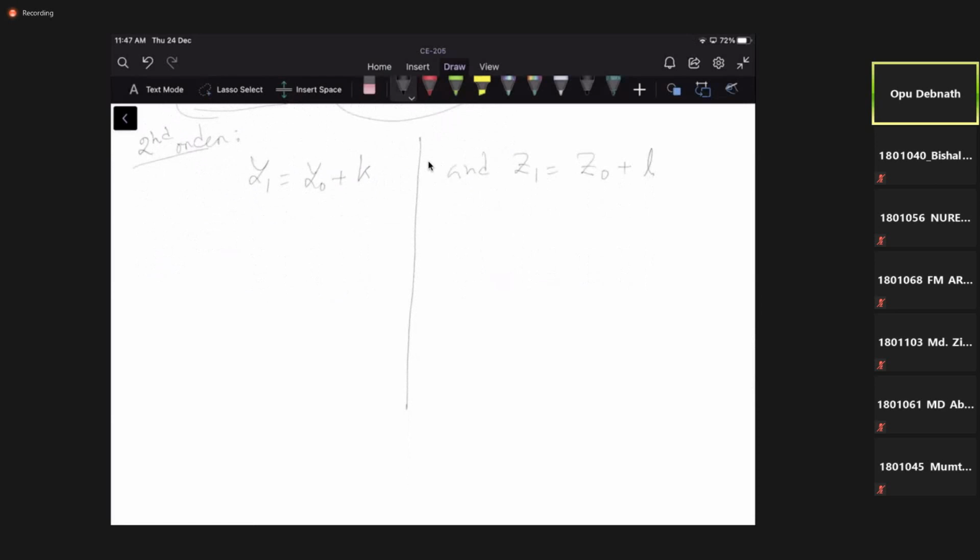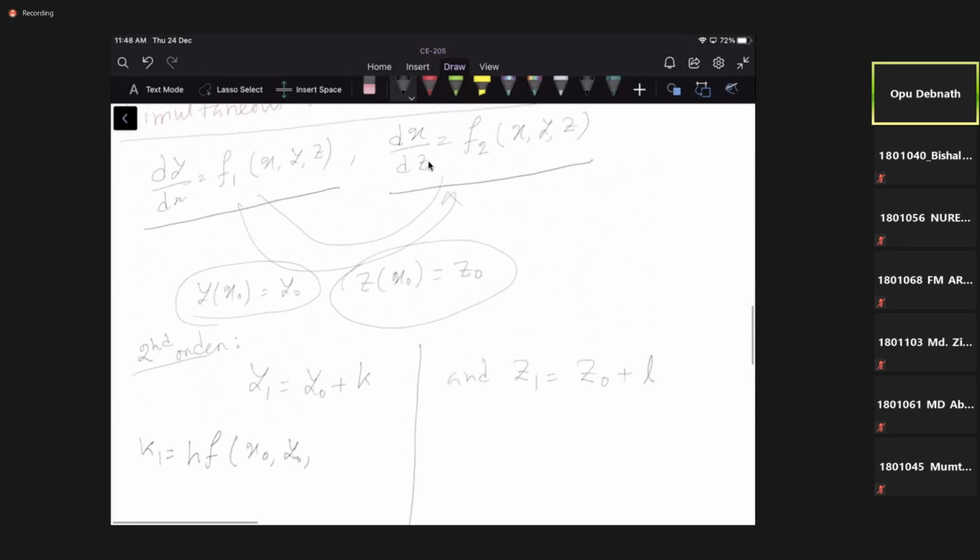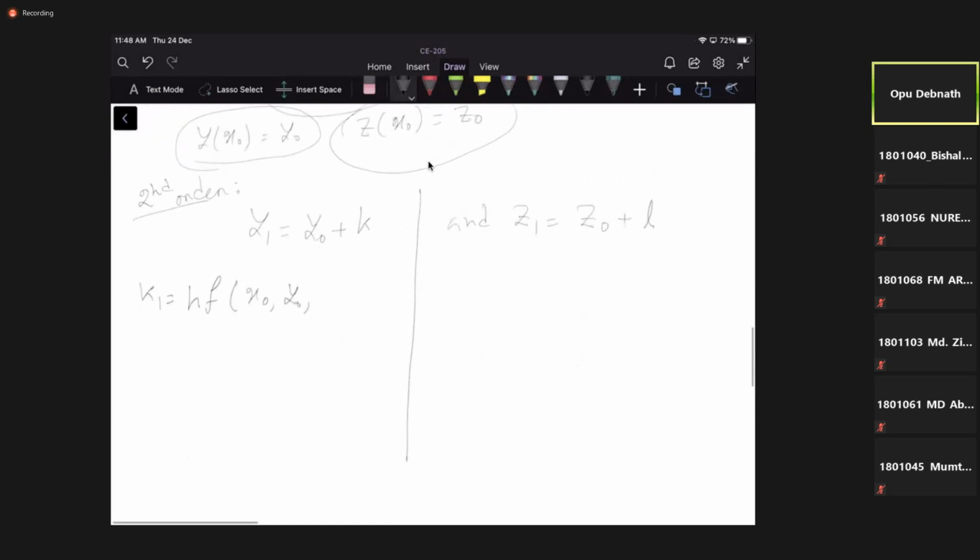Okay, let me show side by side. So at second order, k1 was h f of x0 and y0 previously, but in this case we have three variables, so this is actually a function of x, y, z. That means f1 of x0, y0, and z0. Similarly, L1 will be h f2 of x0, y0, and z0.